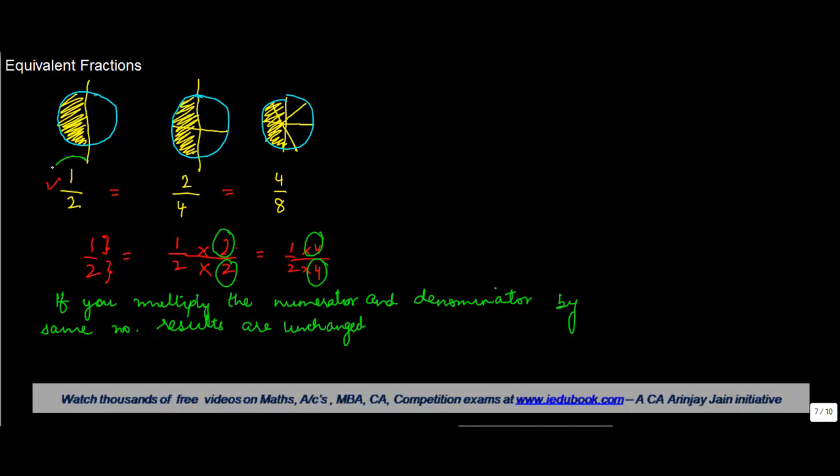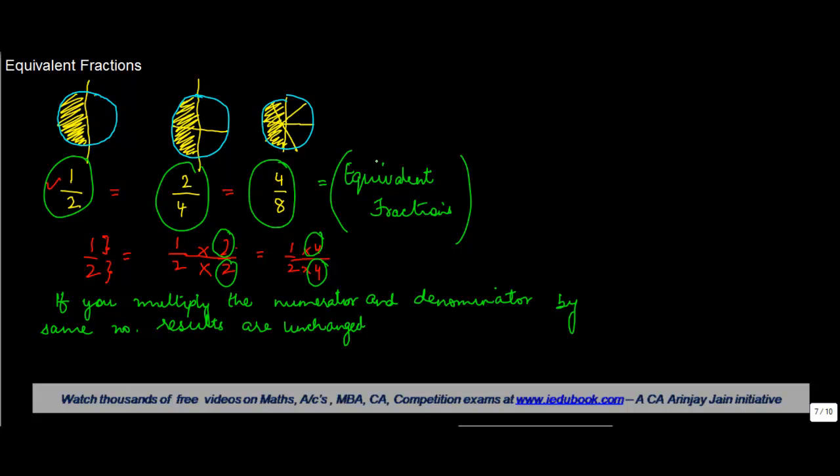And these fractions 1 by 2, 2 by 4, 4 by 8, which are obtained by multiplying both the numerator and the denominator by the same number, are known as equivalent fractions. Okay, so these are basically equivalent fractions.